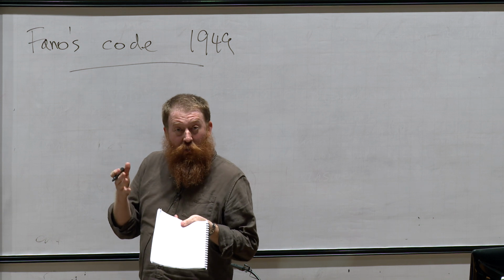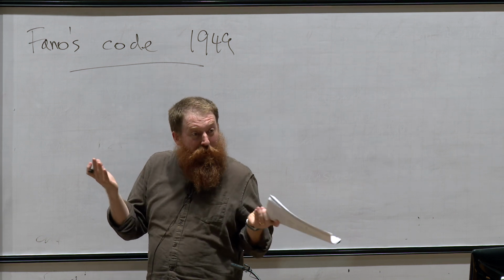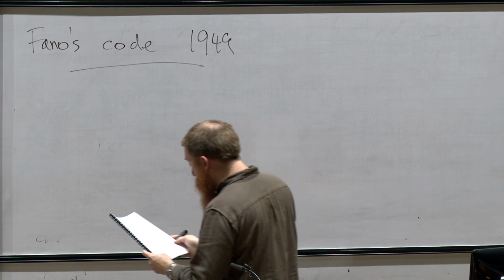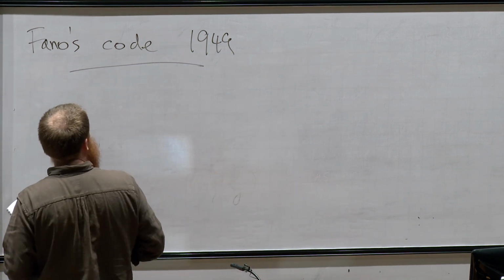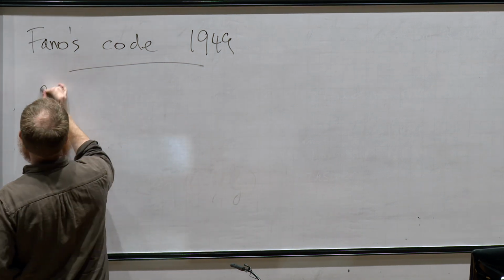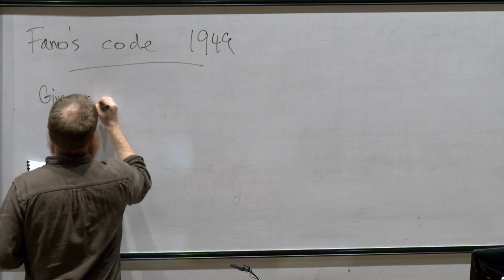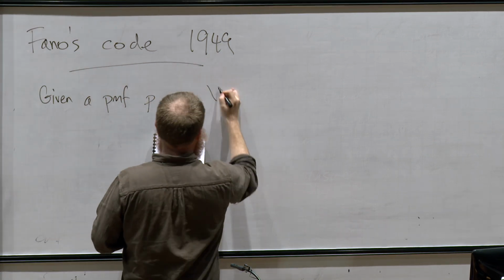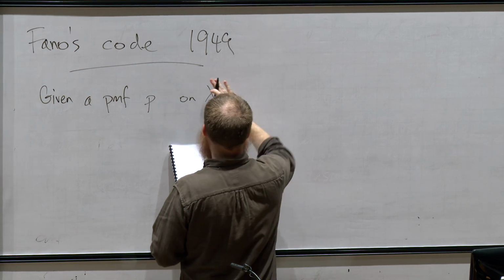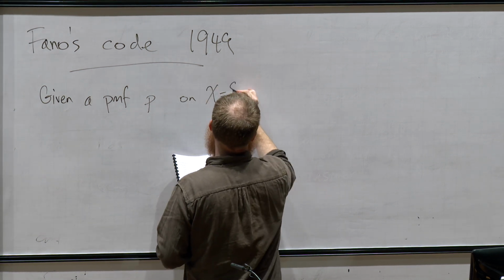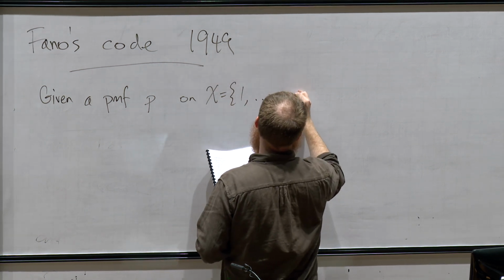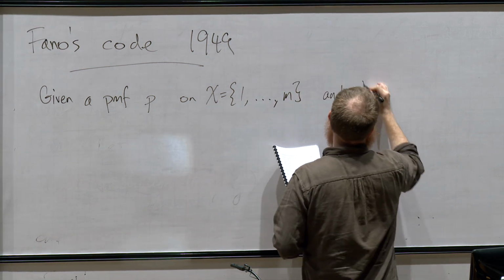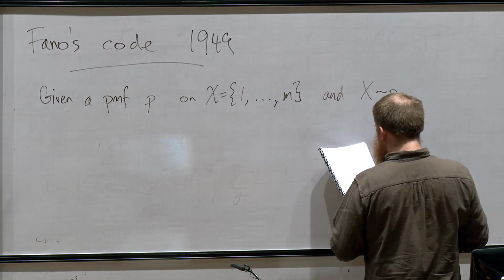Fano's code, we'll see, isn't actually that useful because there's better things we can do in a minute, but it's worth understanding as a step along the way. It's very easy to implement. So given a PMF P on X, we'll say X is just a set 1 through to M, and X is distributed like P.